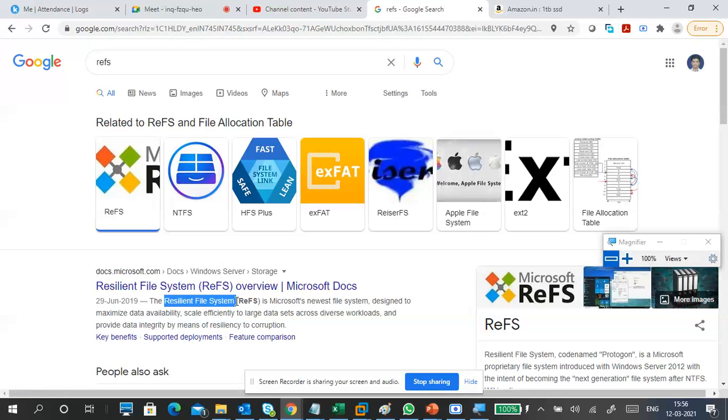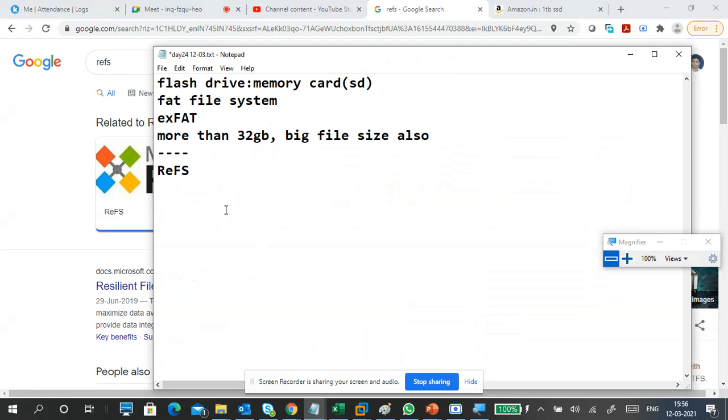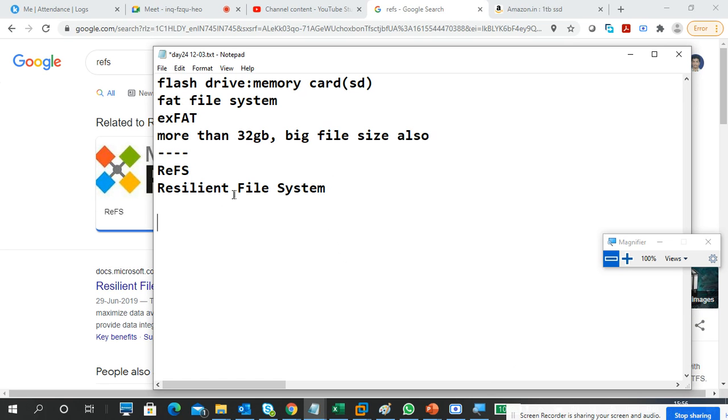Microsoft introduced this resilient file system. What is ReFS? Resilient file system. Okay. The resilient file system doesn't have NTFS properties, but it supports resiliency. It means it supports CRC.